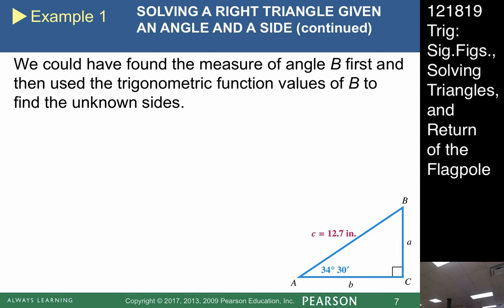Or the cosine of 64 degrees 30 minutes equals A over 12.7. So how did you get 64 degrees 30 minutes? That was from 90 minus 34 degrees 30 minutes. Oh, right. And that gives us B.